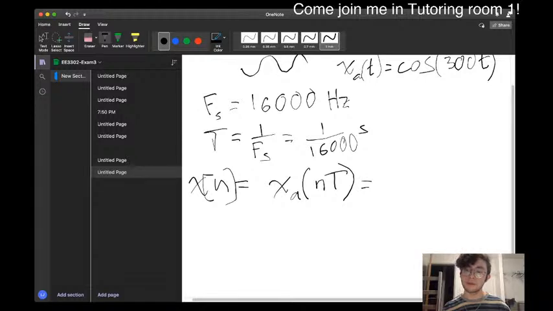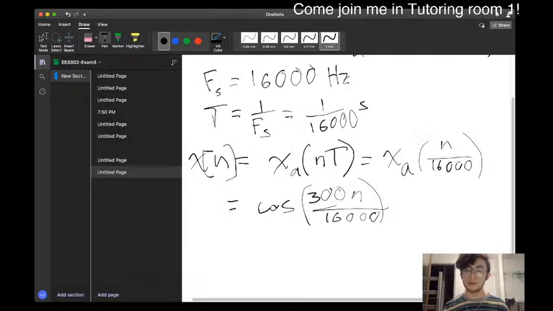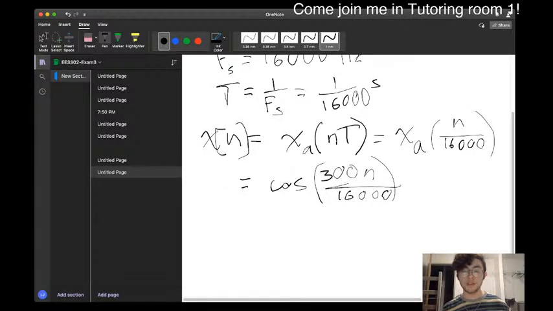Since we have a number for that, let's plug that in: n over 16k. Now, what was x_a? It was cosine of 300t, so what's inside becomes 300n over 16k. So that's our discrete signal. This is what we would get.